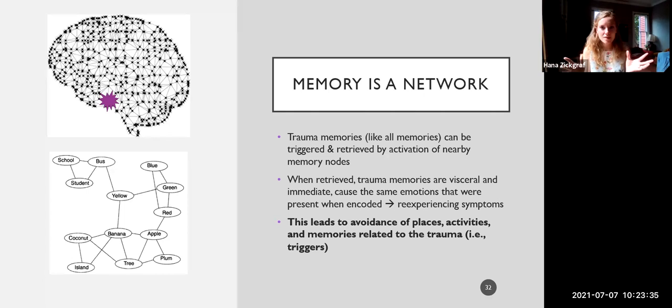Because these memories are so easily activated and because their activation is so unpleasant and upsetting, it's understandable that many people who experience this start to avoid places, activities, and memories related to the trauma that might trigger that unpleasant, distressing activation.